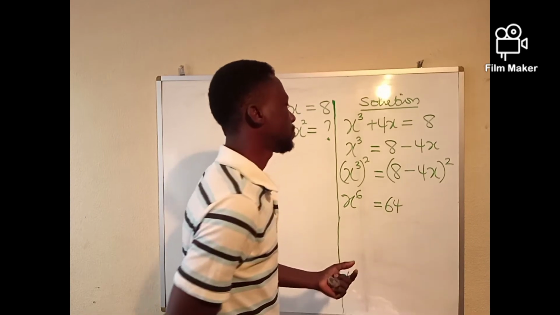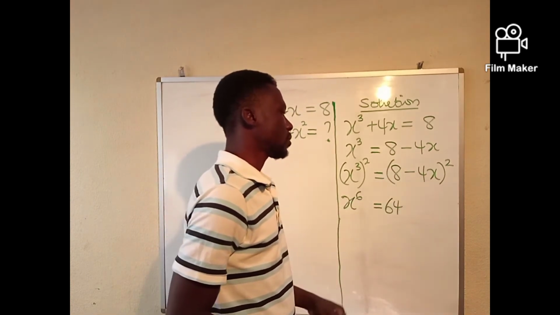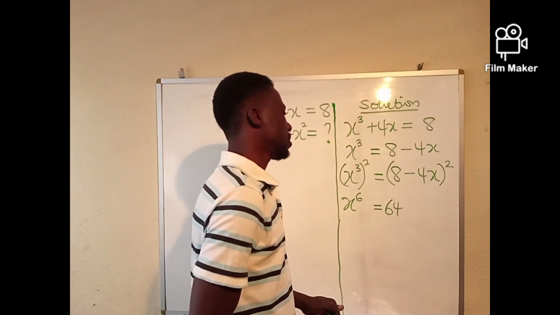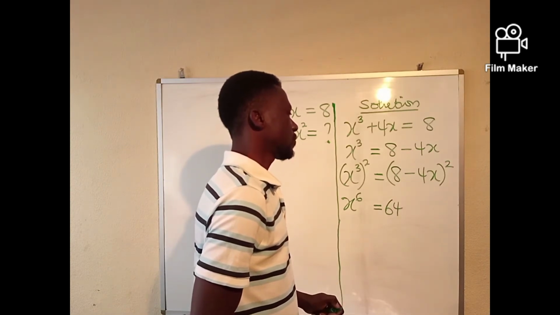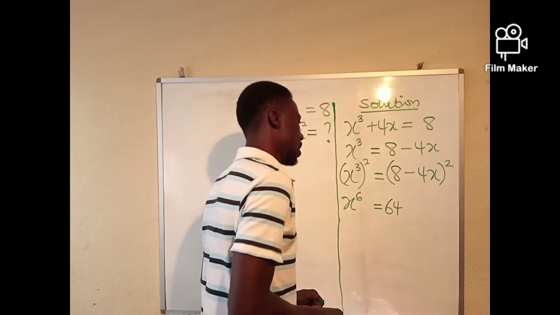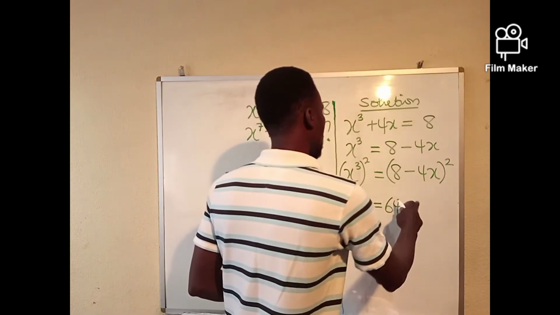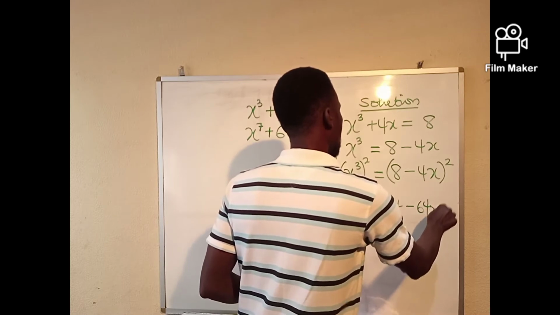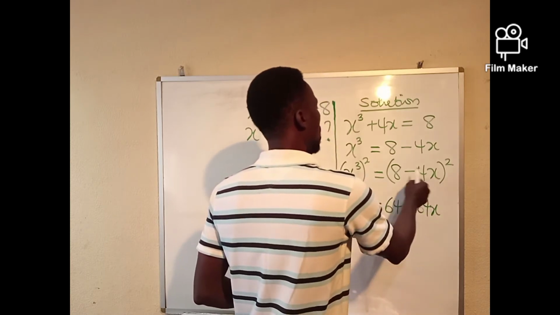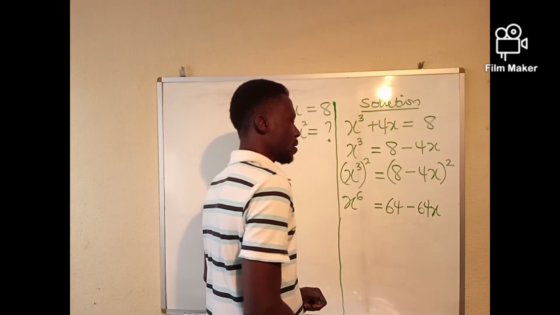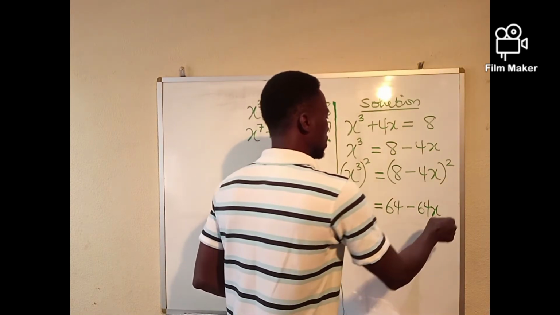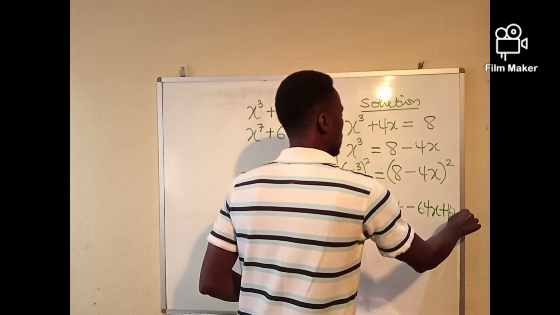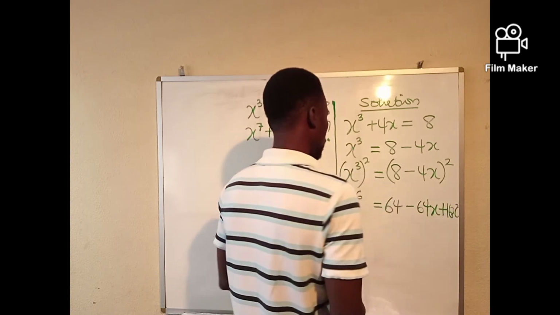And then twice the product of these two terms, that is negative 32 times 2x, will give us negative 64x. And then squaring 4x will give us 16x squared. So this is what we have.